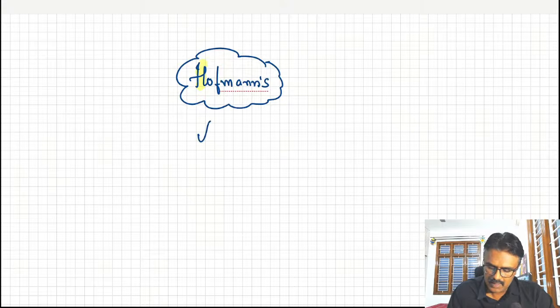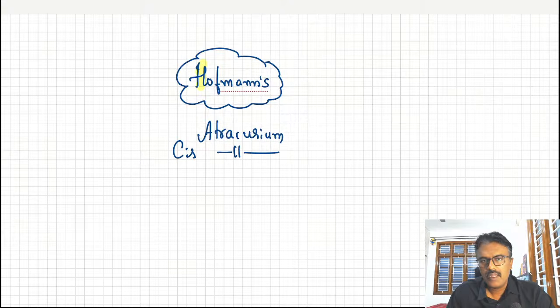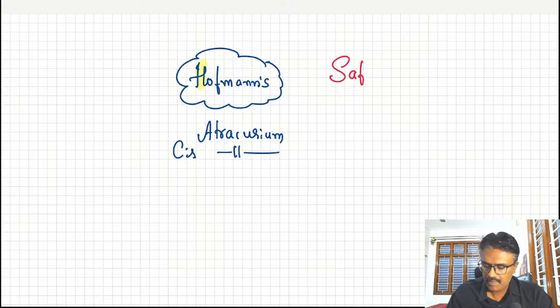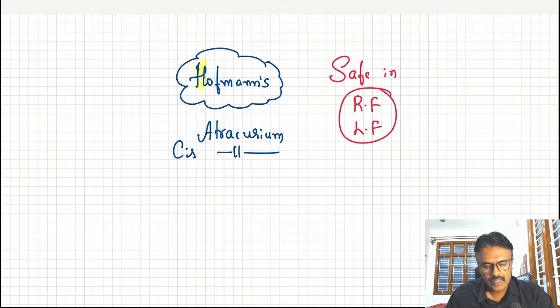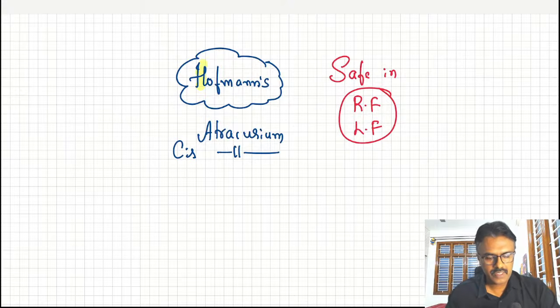The name is atracurium. Atracurium has a sister, called cisatracurium. What is the advantage of this? These drugs don't depend on liver or kidney for elimination. So these are safe in patients with renal failure or liver failure. Very, very important. Yes, Jovita, Journey, very good.